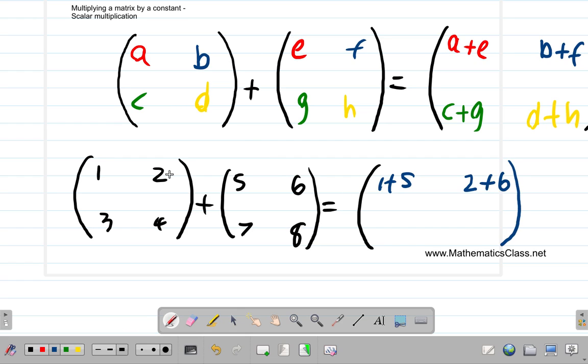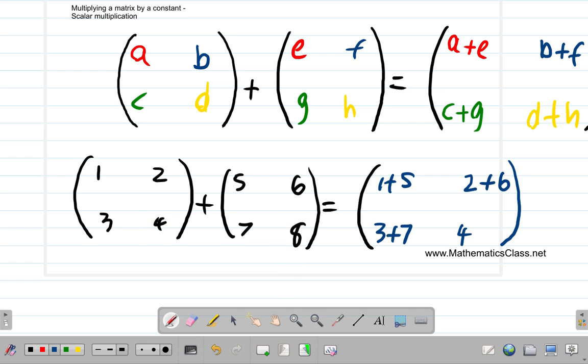Notice element in row 1, column 2, plus element in row 1, column 2 gives you element in row 1, column 2. Alright. Now element in row 2, column 1, plus element in row 2, column 1. And that will be 3 plus 7. Then row 2, column 2 element, which is 4, plus row 2, column 2 element, which is 8.